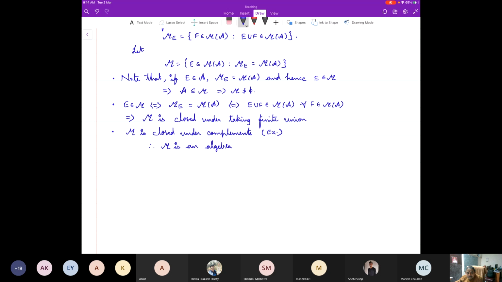But rather than showing all this, something more can actually be shown. Not only is it closed under finite union, script M is closed under countable operations, that is, under monotone operations.